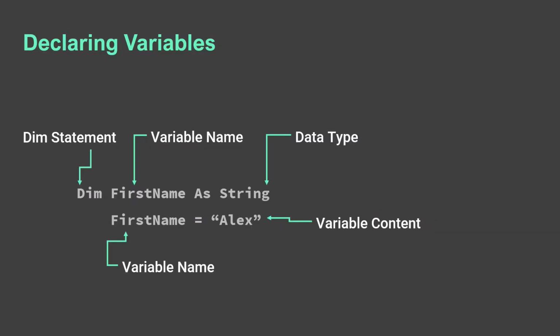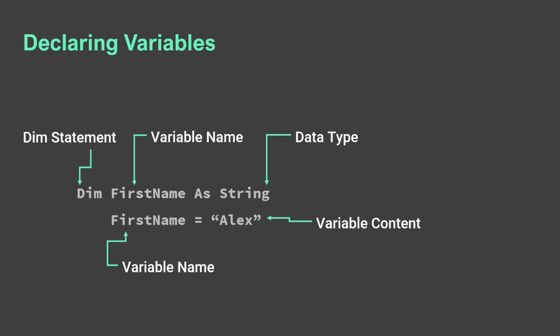To declare a variable in VBA, the first thing that we need to do is pass through the Dim keyword, so the Dim statement, and then we pass through the variable name itself, and we'll talk about how to name our variables. Next is As, and then finally we pass through the data type. In this case, I'm declaring a string data type for my variable.